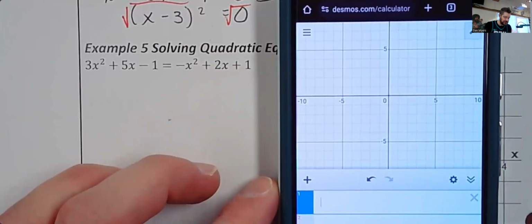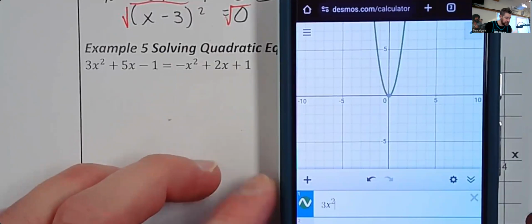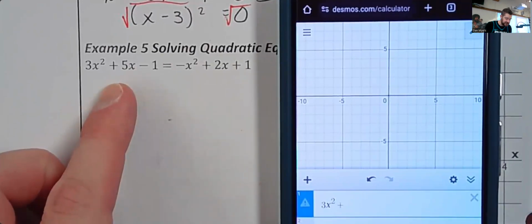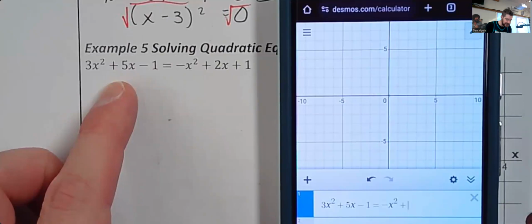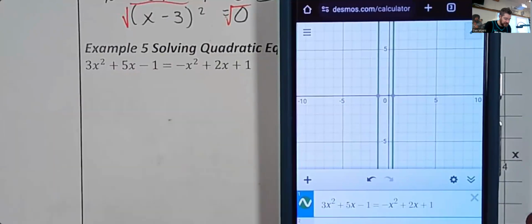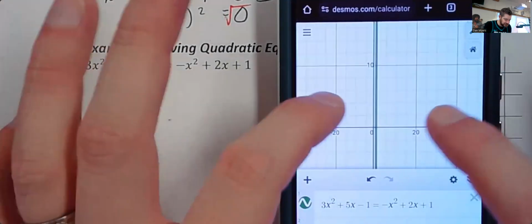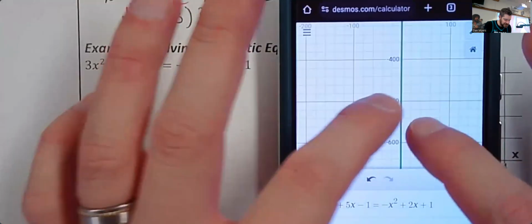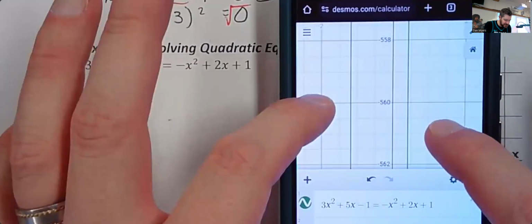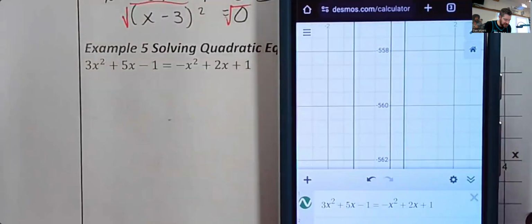So if we type in 3x squared plus 5x, the only annoying thing about using Desmos on a phone is that the buttons are very small, and that's going to equal the opposite of x squared plus 2x plus 1. So this graph here, it's kind of weird, huh? Almost looks like parallel lines.